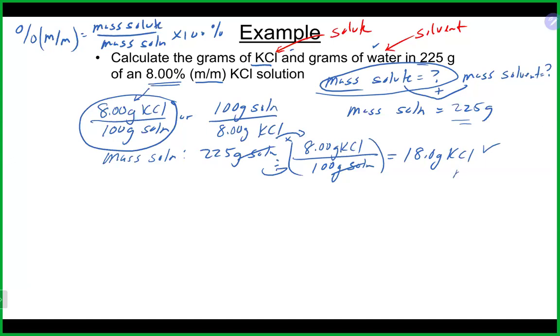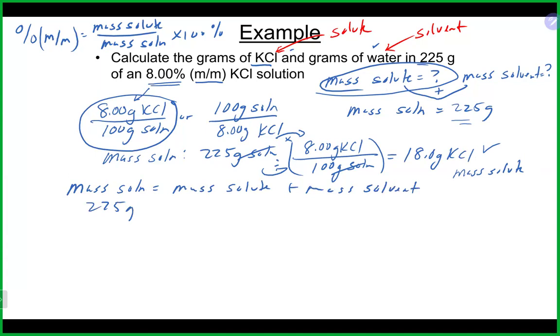Now that we do have the mass of our solute, we know the mass of the solution, as I mentioned a second ago, is basically the mass of our solute plus the mass of our solvent, which is our water. We know that 225 grams equals 18 grams plus the mass of our solvent.